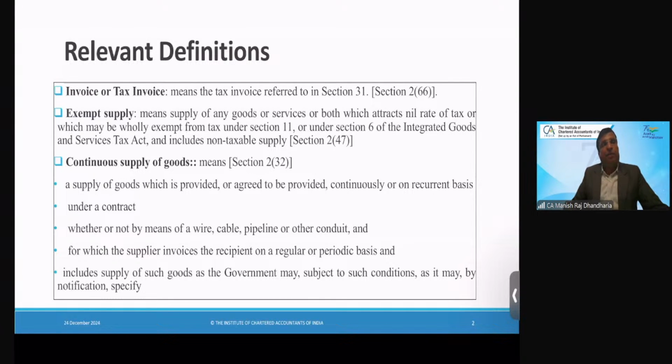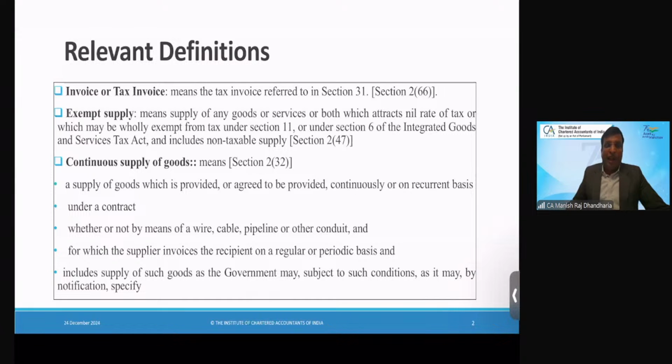Like we can take an example, say for example, oil. The pipeline is there, oil is supplied through pipeline, and what quantity is delivered is many times not pre-decided. It will be decided at a regular interval, and then accordingly the invoice will be based.